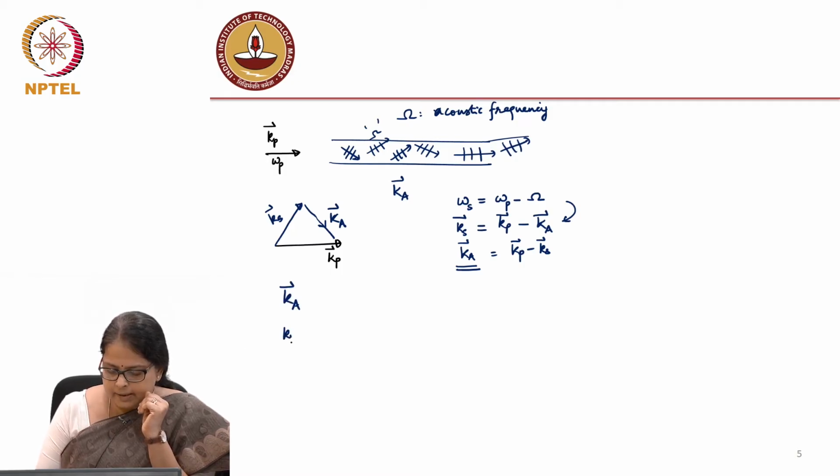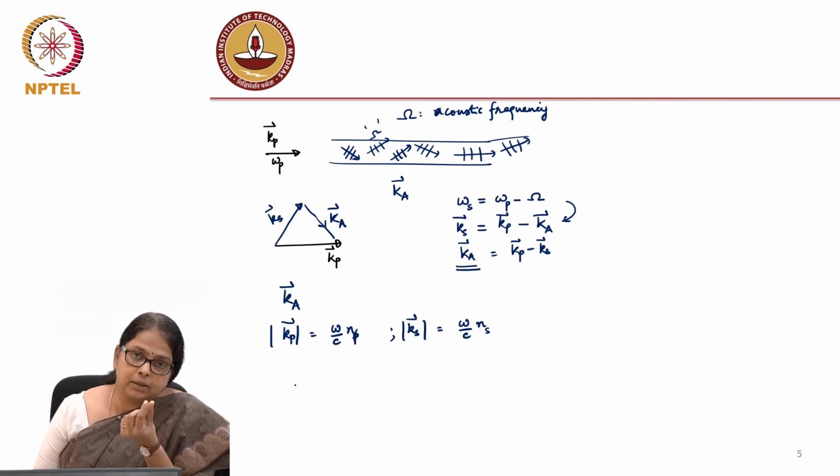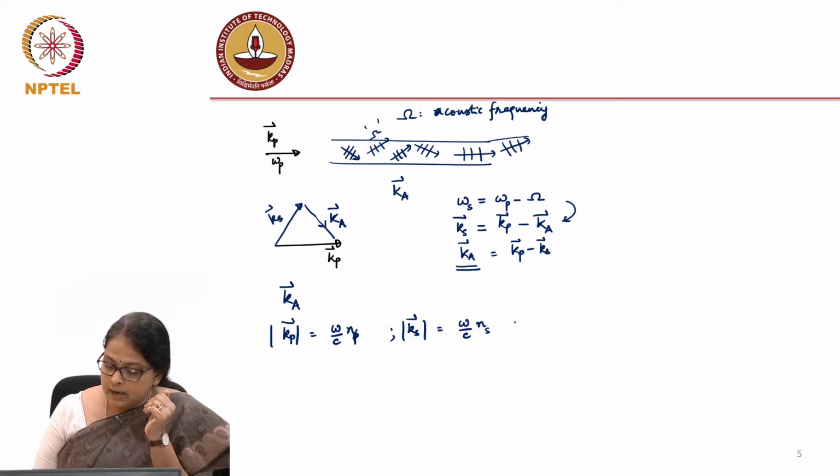Now, what is this Ka? Let's write what Kp is. Kp is omega by c times the refractive index corresponding to the pump. The magnitude of Ks is omega by c times the refractive index of the Stokes. Assuming that the frequency shift between the pump and the Stokes is very small, which we will prove, we can say that Np is almost equal to Ns, which is equal to n.